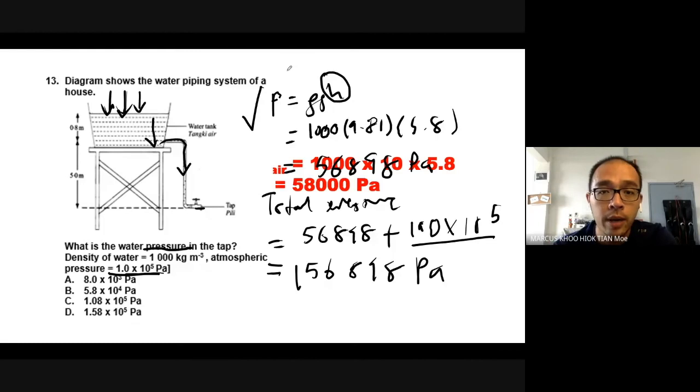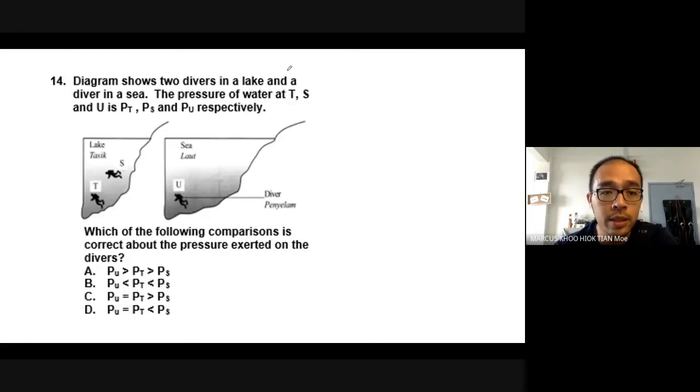Okay? All right, next question. Okay, let's talk about this. This will be very interesting. So the diagram shows two divers in a lake and a diver in a sea. Okay, so this is the lake and this is the sea. The pressure of water at T, S, and U is PT, PS, and PU. So this is diver T, diver S, diver U. Okay, take some time to think about this.